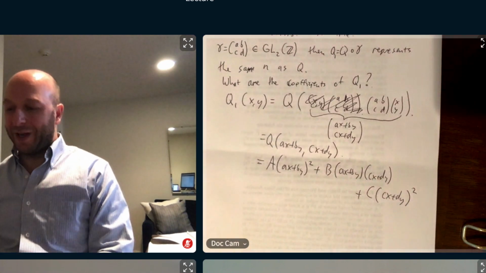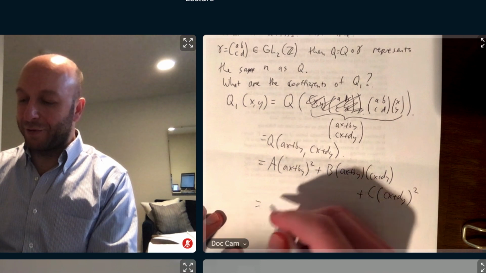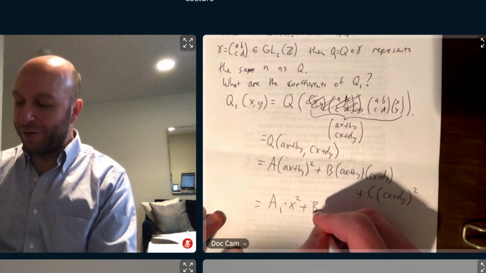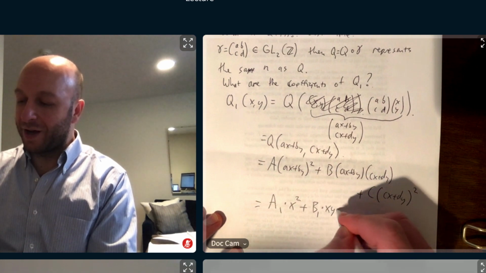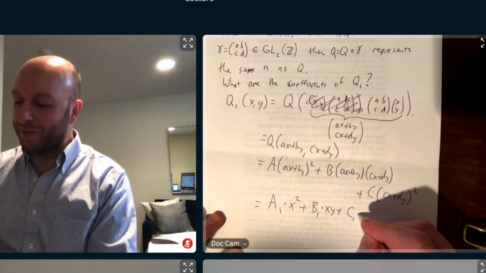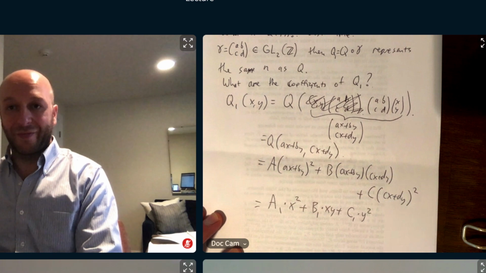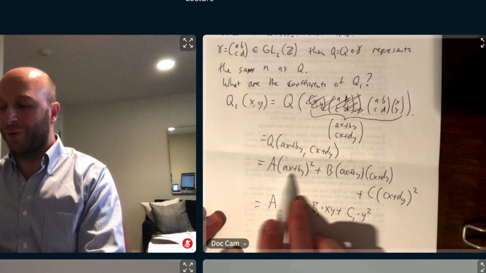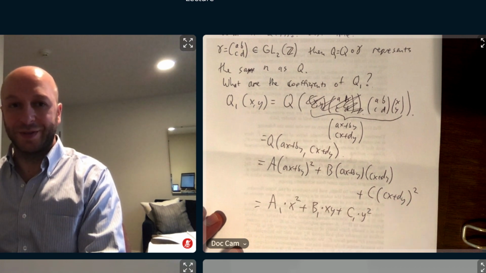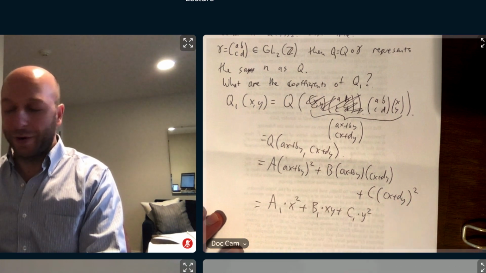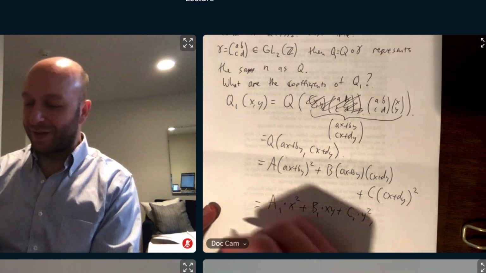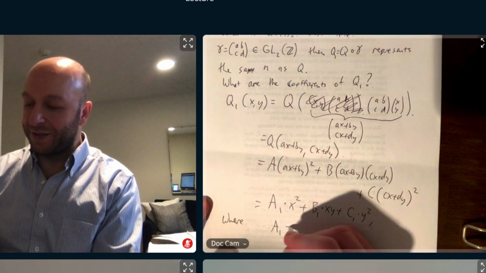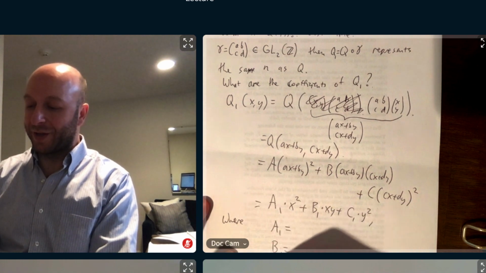So take 3 minutes, open up this algebra, and I want you to write it as A1 times x squared plus B1 times xy plus C1 times y squared. So collect all of the x squared terms, all the xy terms, and all the y squared terms. Does everybody know what to do? So A1 is equal to something, B1 is equal to something, and C1 is equal to something.